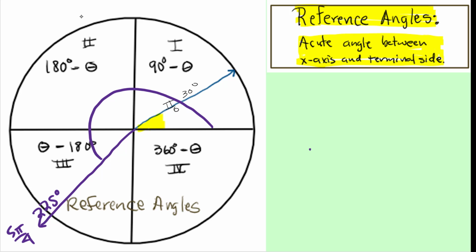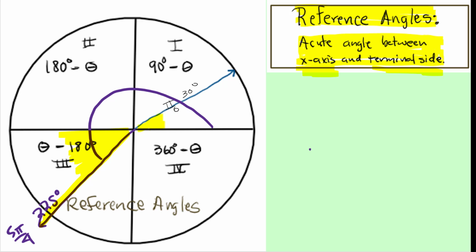Well, the reference angle is this acute angle between the x-axis and the terminal side. So at 225, this is the terminal side of the angle, but between the terminal side and the x-axis, that's the reference angle. And it's never a negative.